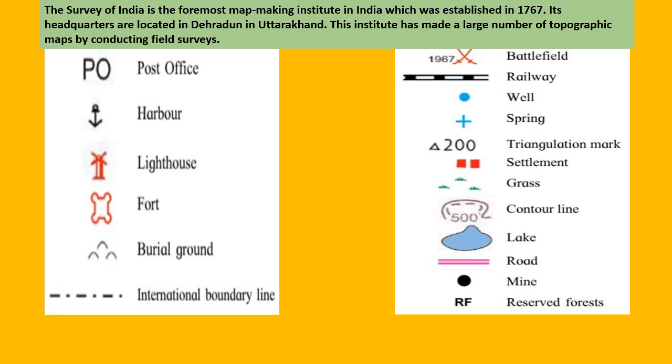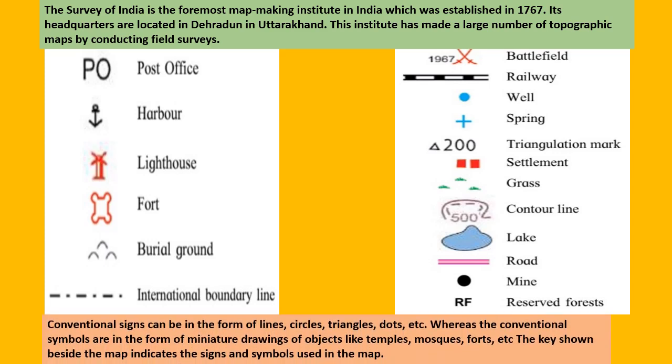Conventional signs can be in the form of lines, circles, triangles, dots, etc. Whereas the conventional symbols are in the form of miniature drawings of objects like temples, mosques, forts, etc. The key shown beside the map indicates the signs and symbols used in the map.